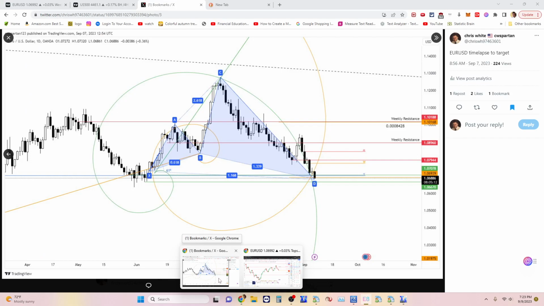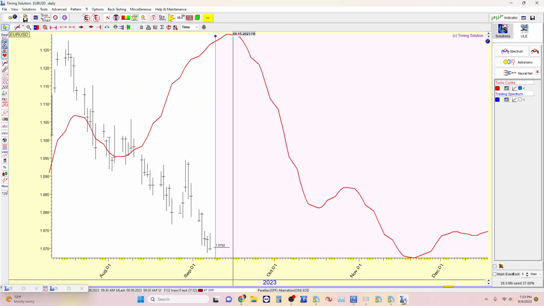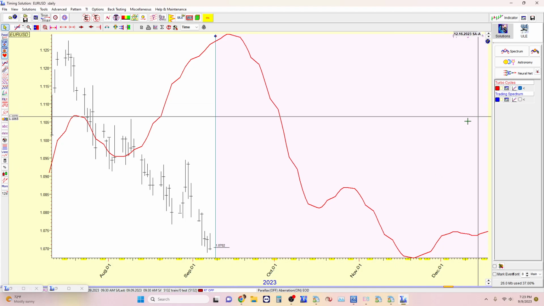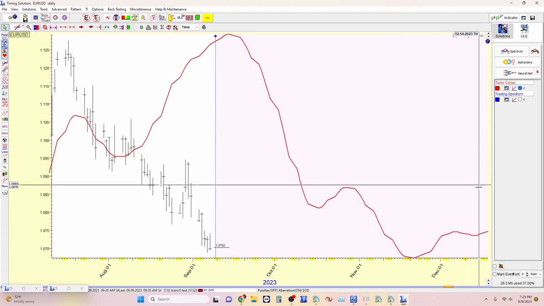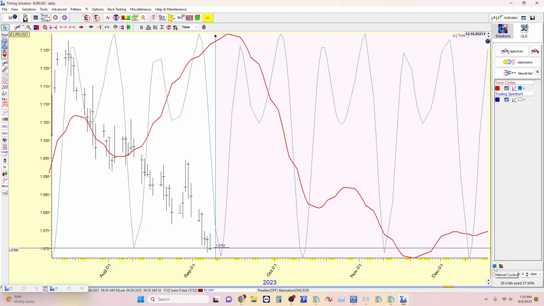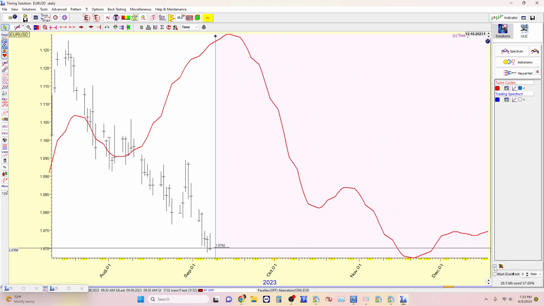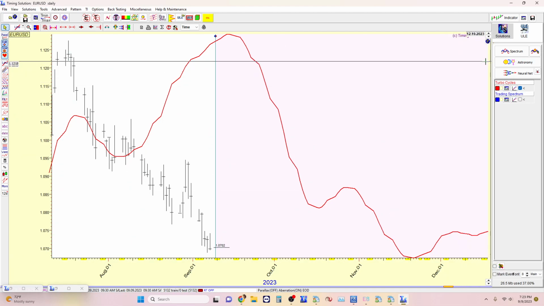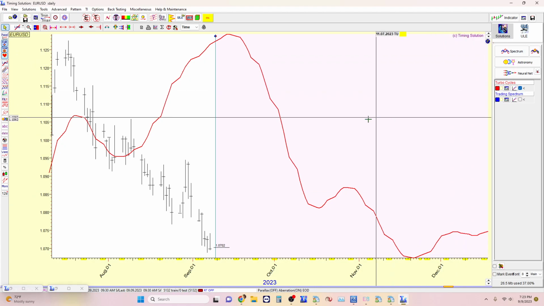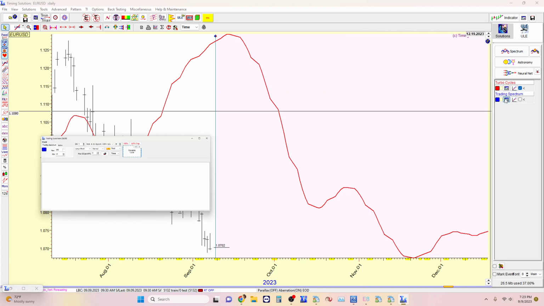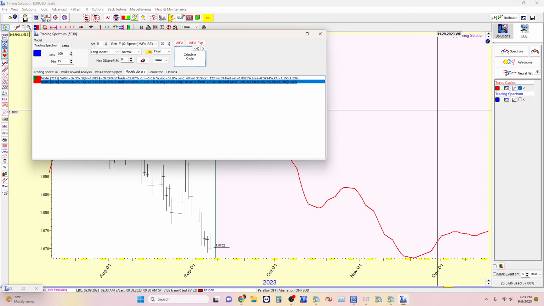And now I'm using Timing Solutions, and I've done the turbo cycles. So I've messed around with a couple things. I've tried the natural cycles using the monthly, and then I've tried astronomy using decennial, the Q spectrum, and I'm messing with the trading spectrum. I did the Walk Forward analysis expert system.